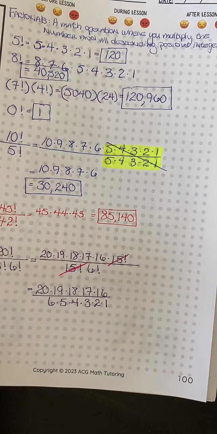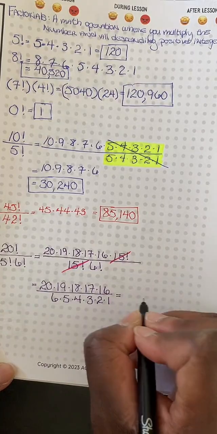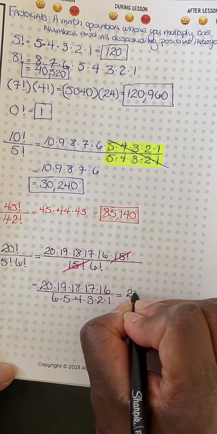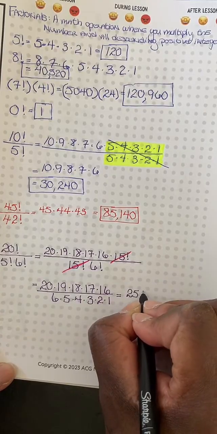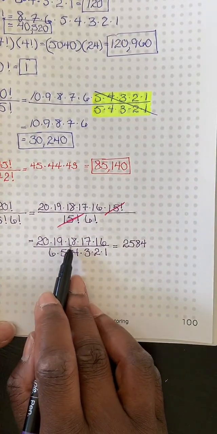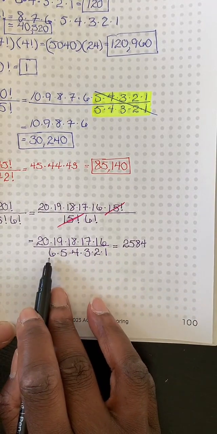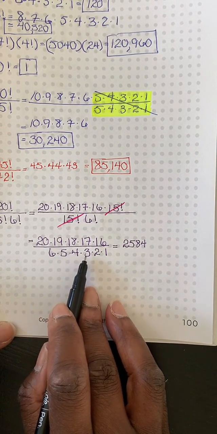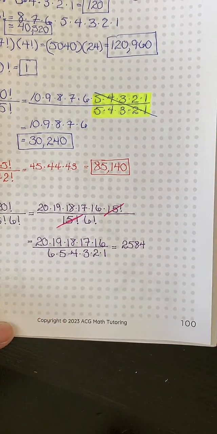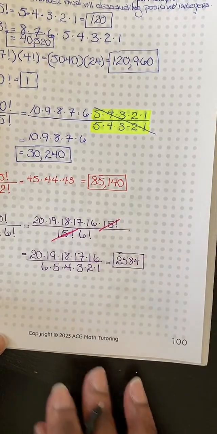Divided by our 6 factorial. There we go. And we should get an answer of 2,584. Because we took our 20 times 19 times 18 times 17 times 16 and divided by that 6 factorial, which is 6 times 5 times 4 times 3 times 2 times 1. And this is our answer, 2,584.